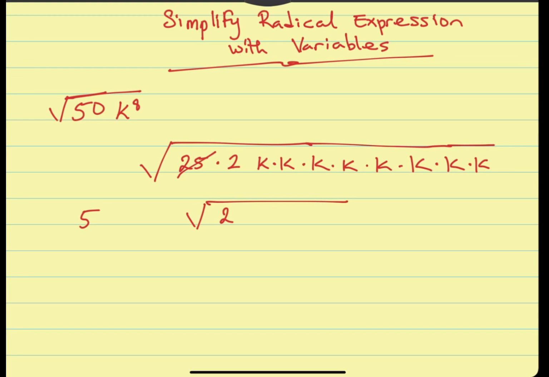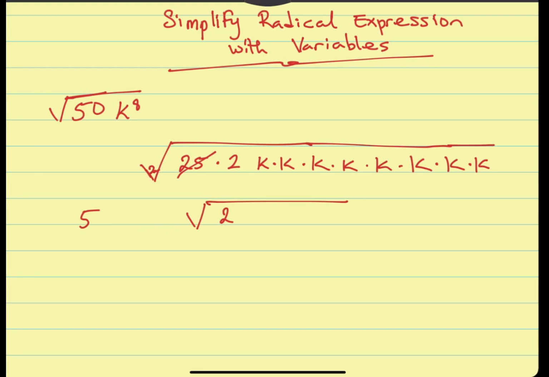Now, look at this. What is your index? Oh, we forgot about that. There are 8 Ks, and you have to put them in groups of 2s. How do you know you have to put them in groups of 2? Because technically there's a little 2 right there.